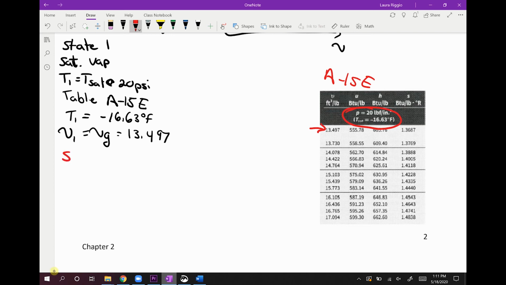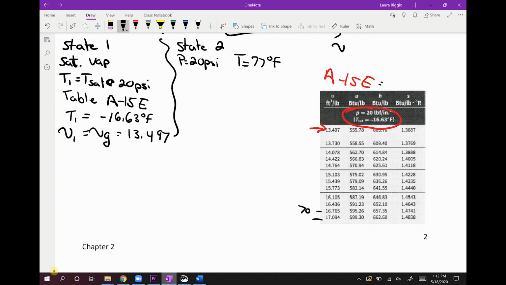Then we need state 2. State 2 is P equal to 20 psi, again because our pressure is constant, and our temperature is equal to 77 degrees Fahrenheit. Again, I'm going to look at this same table, and we're going to need to interpolate between 70 and 80 degrees Fahrenheit.